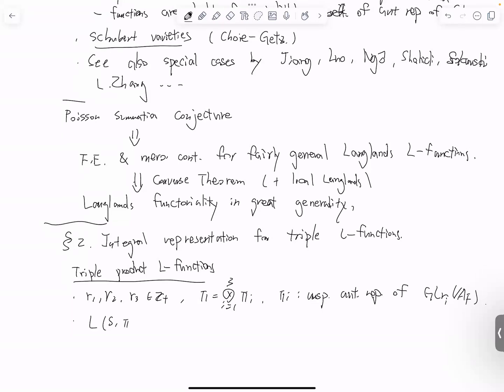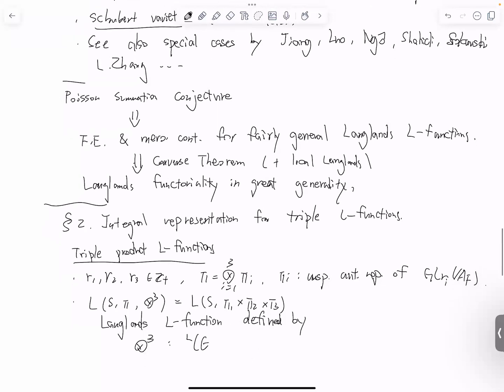Then the triple product L-function we are talking about is L(s, π, tensor 3), which we denote L(s, π1 × π2 × π3). So this is a Langlands L-function defined by the tensor 3 L-group map from the L-group of GL_{r1} × GL_{r2} × GL_{r3} to GL_{r1 r2 r3}.